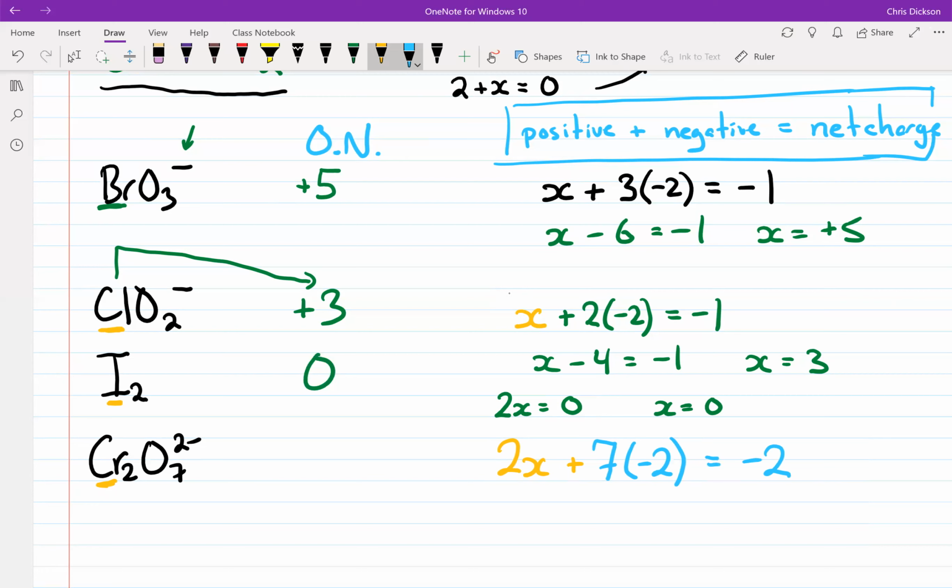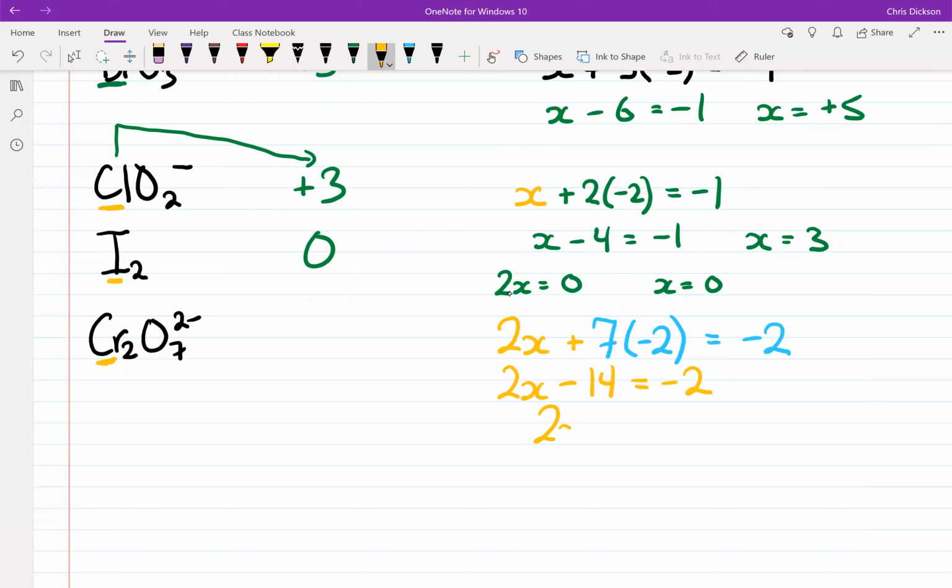So when I work that out, I get 2X minus 14 equals -2. I add 14 to both sides. So I get -2 plus 14, which is 12. And then I divide by 2, which gives me 6.